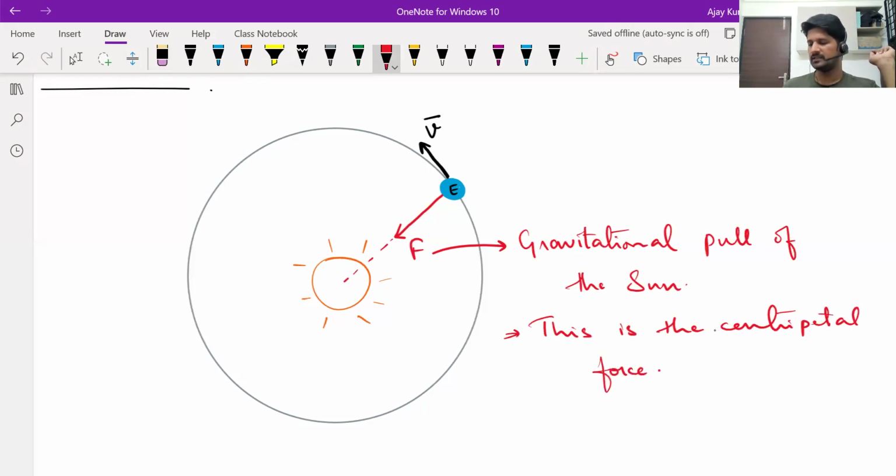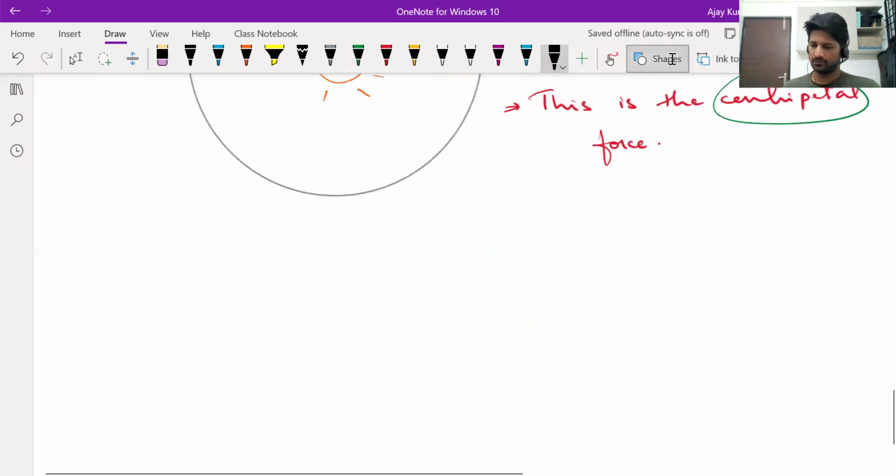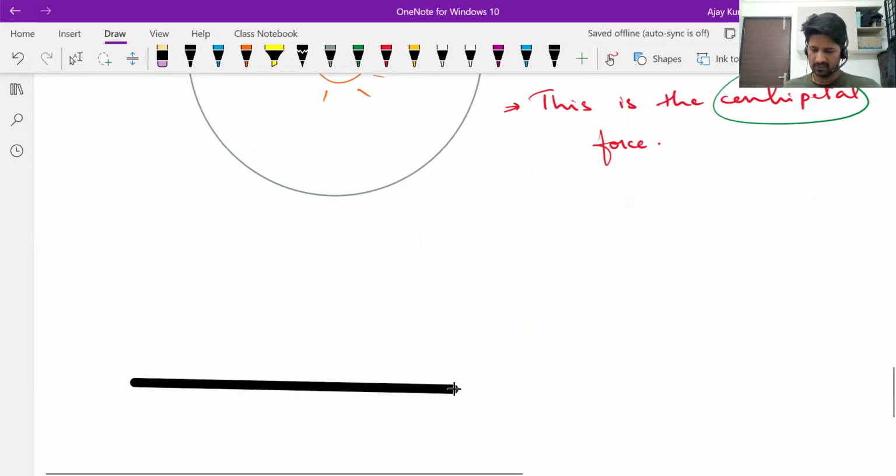Students tend to think that centripetal force is an additional force which acts on objects. No, centripetal is simply a direction. Listen to this all of you and get this clear. Centripetal force is not an additional force acting on the system. Now, suppose there is a box lying on the ground.